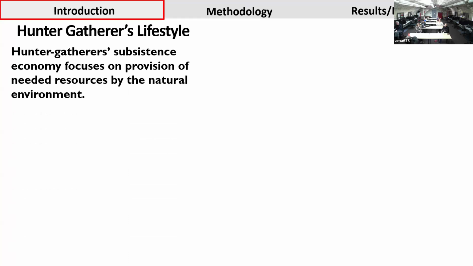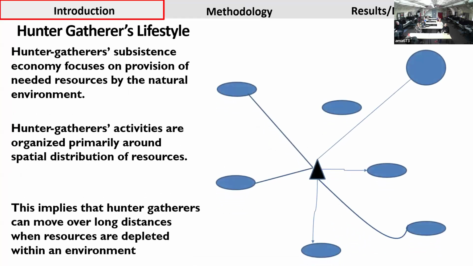Their subsistence economy focuses on provision of needed resources as and when due. So their activities are most times organized around where resources are available. It means when resources are depleted in a given place, they have to move somewhere else where they can find other resources.